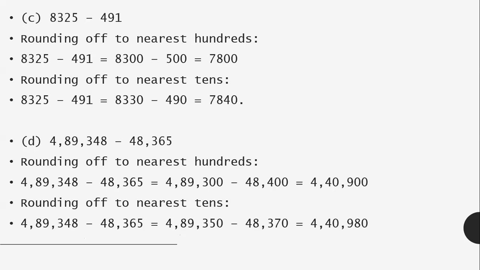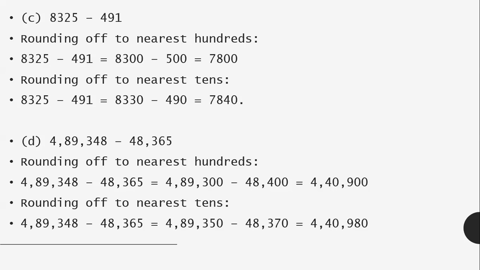Next question, 8,325 minus 491. So we will round it off to the nearest hundreds place. 8,325, when we round it off to the hundreds place approximation, we get 8,300. 491 can be approximated to 500. 8,300 minus 500, we get 7,800 as a difference, which is a rough estimate.